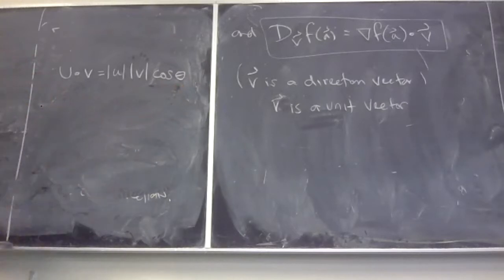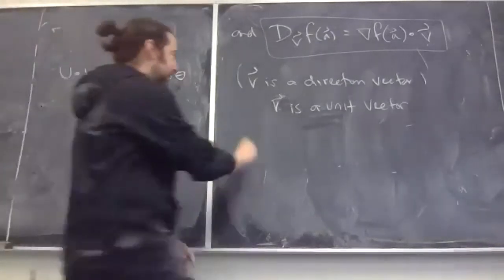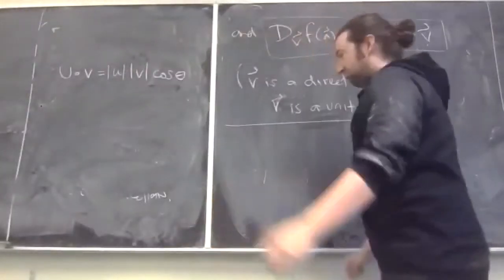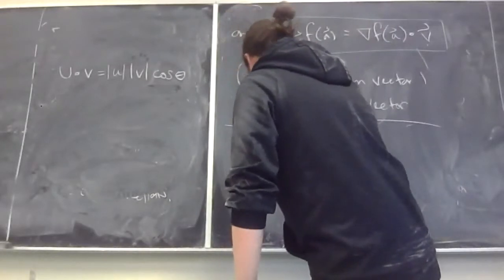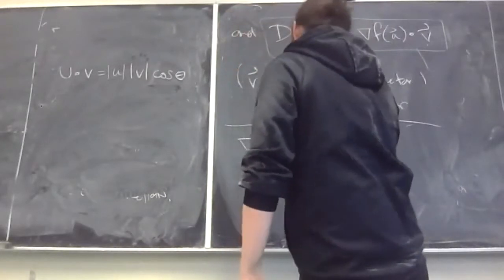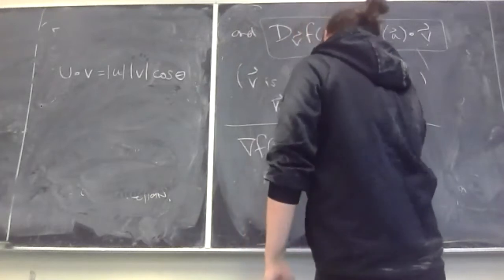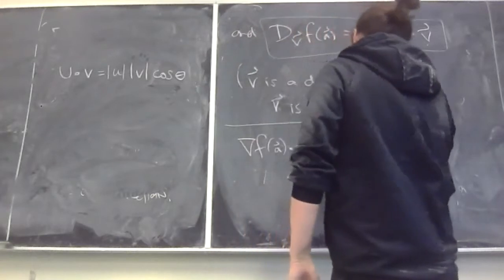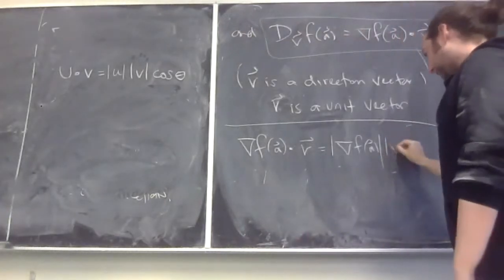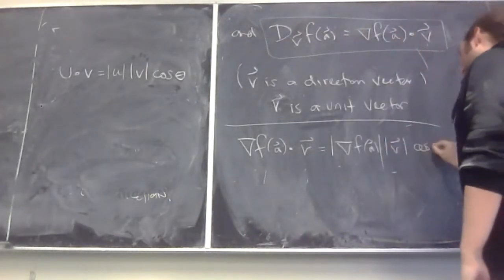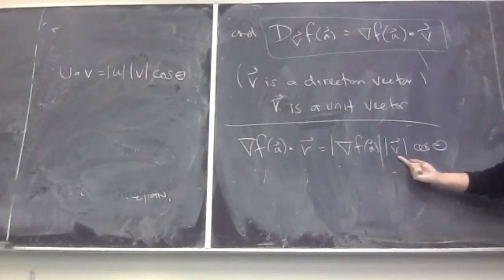So why does the gradient point in the direction of greatest increase? Because the gradient of f at A dotted with the vector v is also equal to the length of the gradient vector times the length of the v vector times the cosine of the angle between them. But the length of v is always 1. We've chosen this to be a unit vector.